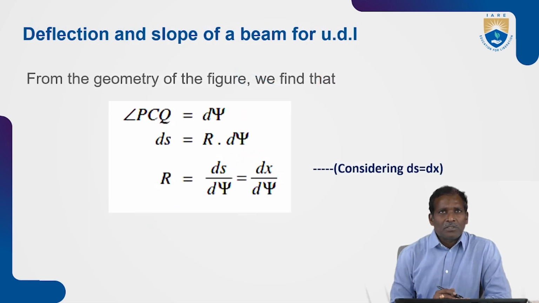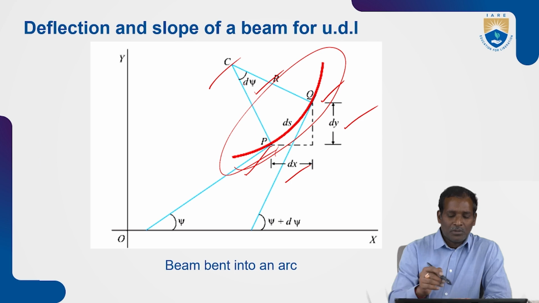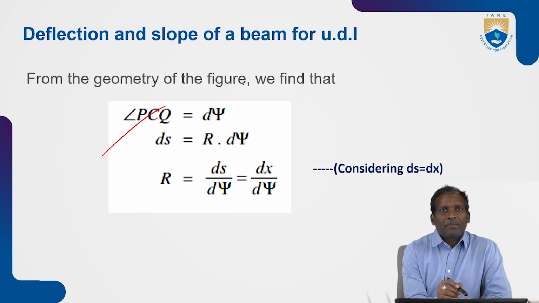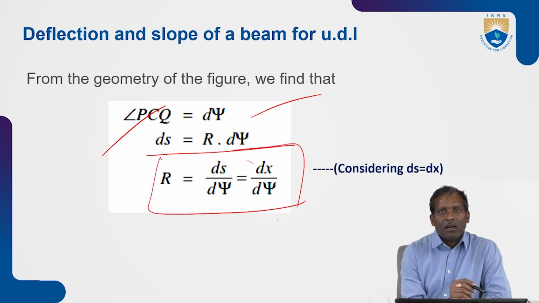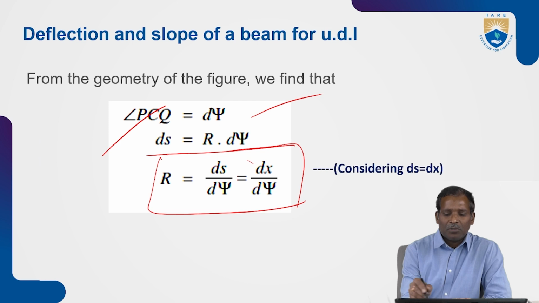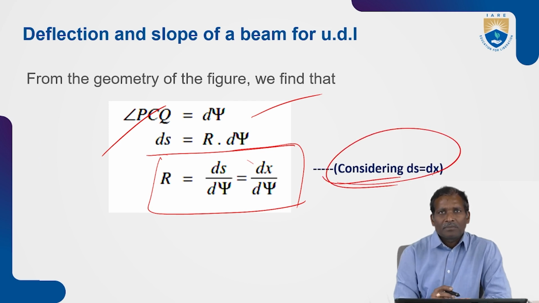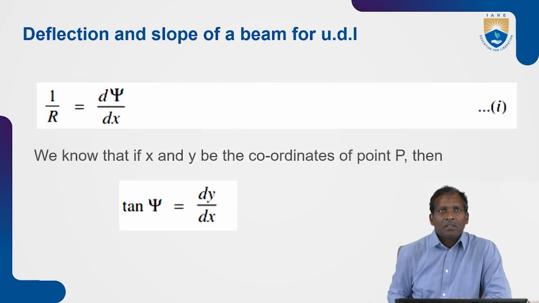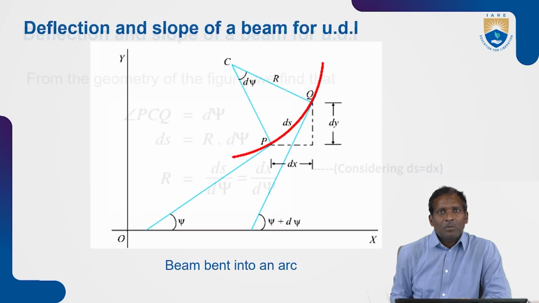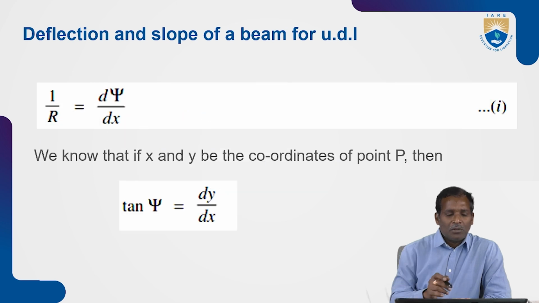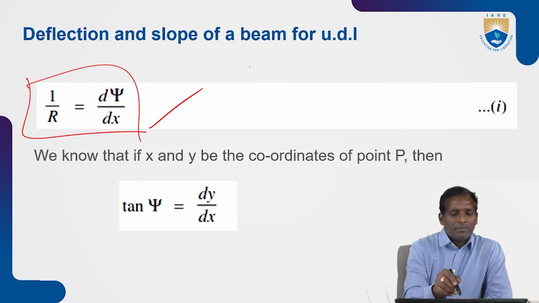From the geometry of the figure, the angle PCQ is equal to d psi. So ds is equal to r into d psi, and r is equal to ds by d psi. Considering dx is equal to ds, r is equal to dx by d psi. So 1 by r is equal to d psi by dx.